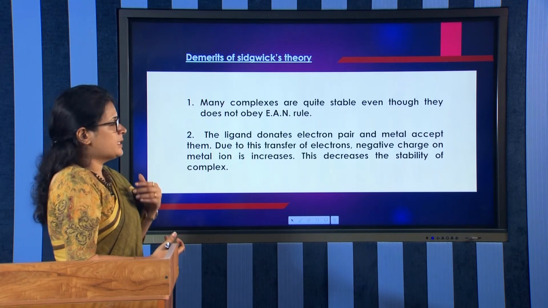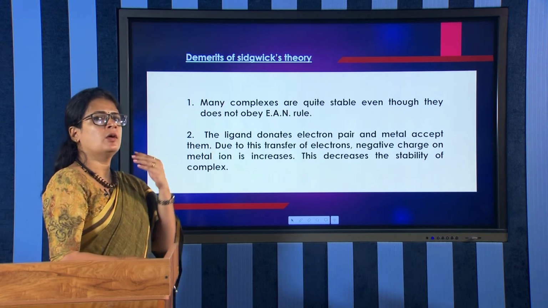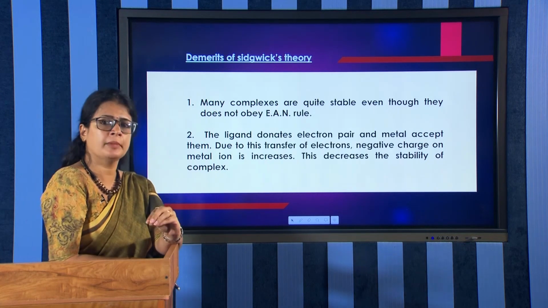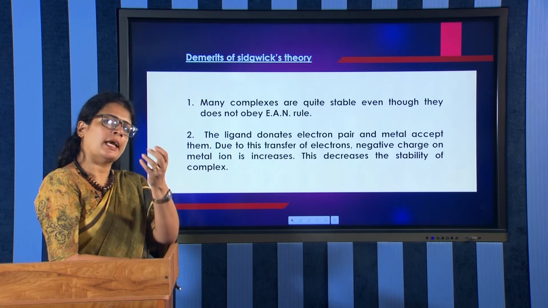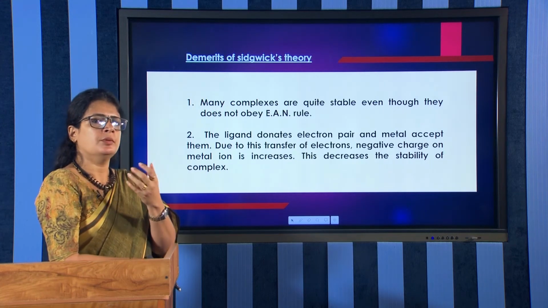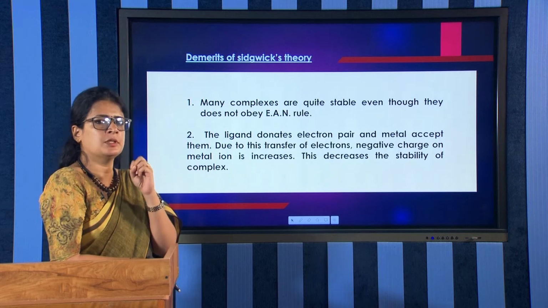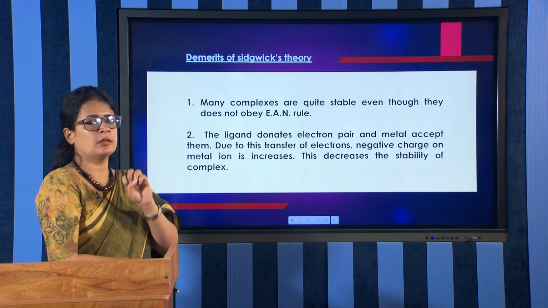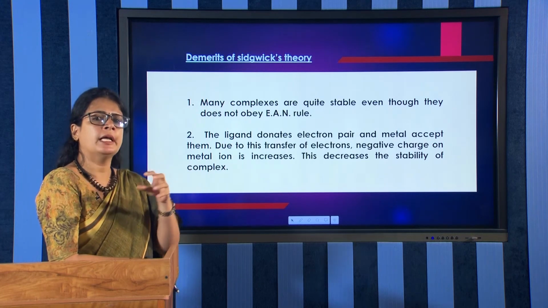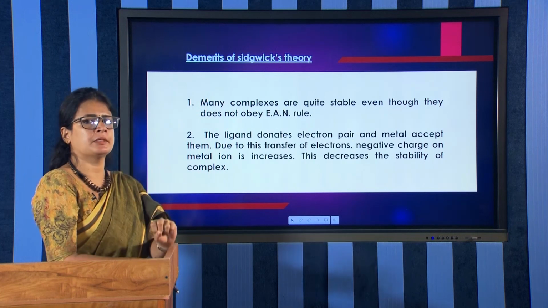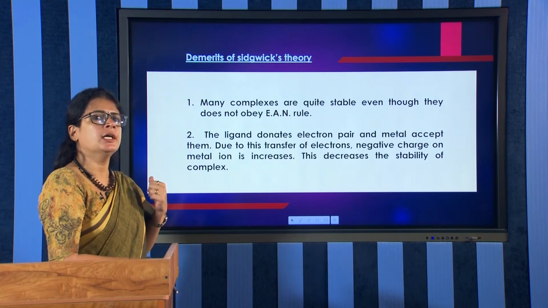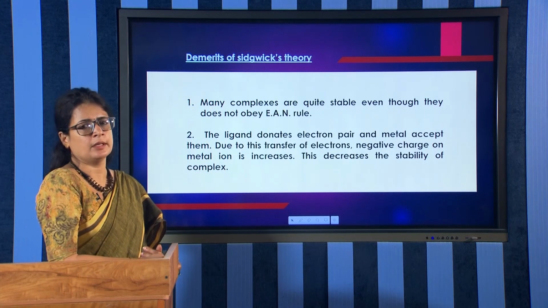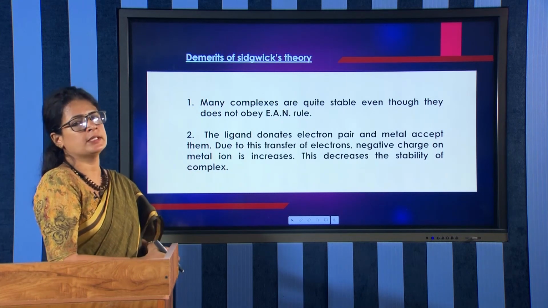Second, according to Sidgwick's concept, the ligands donate electrons to the central metal atom, and the central metal atom accepts all these electrons, so it is an electron pair donor and acceptor concept. This can lead to an accumulation of electrons in the central metal atom, which leads to instability of the complex. That is the demerit of Sidgwick's theory. These are the main demerits.